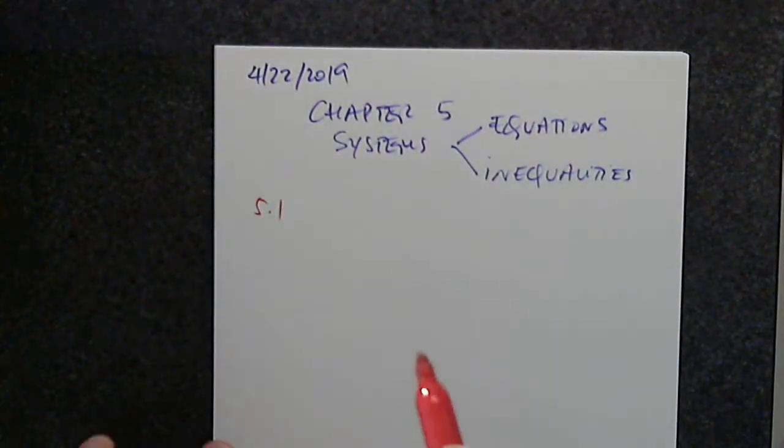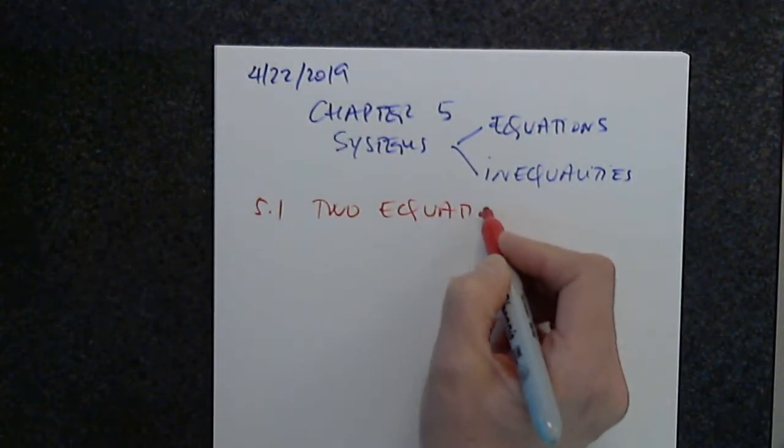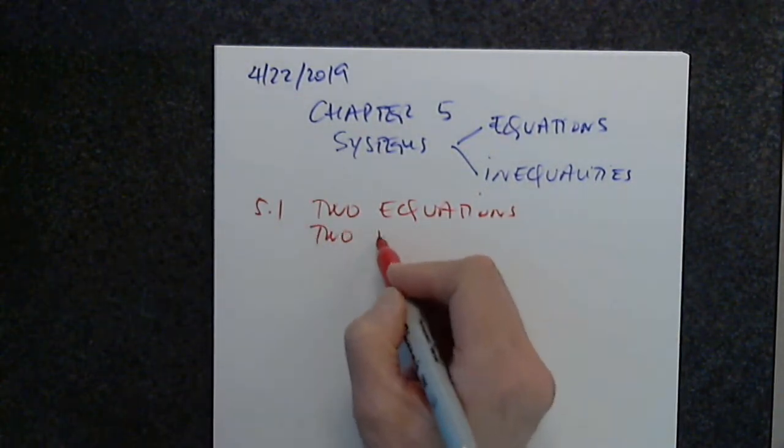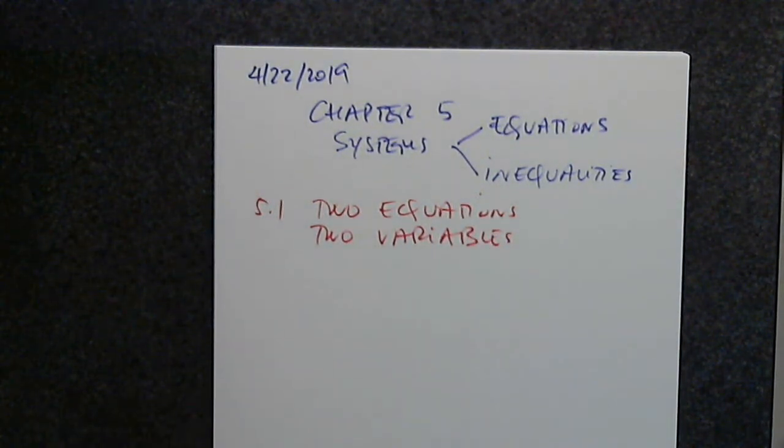This is called 2 by 2 in short: 2 equations, 2 variables. Okay, let's choose a problem.